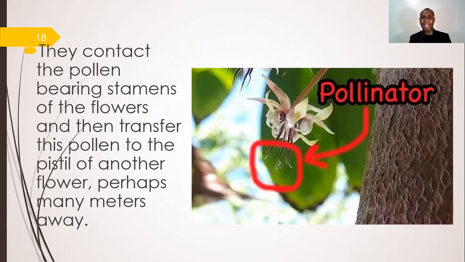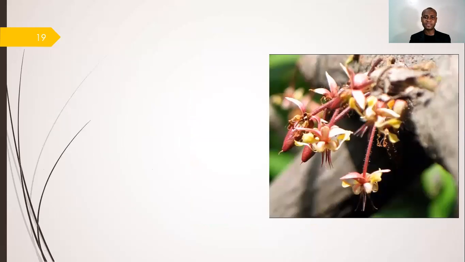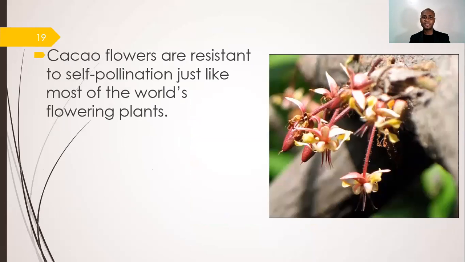If ever they pick the pollen from here and sit on another flower on the same tree, then it's likely that flower is going to die because of self-incompatibility in cacao. This is something you need to get clearly.